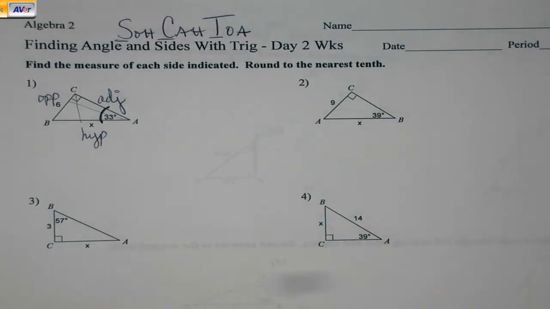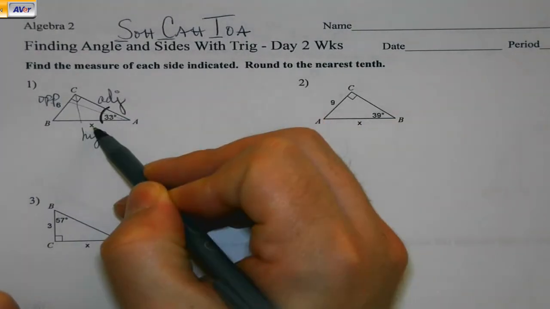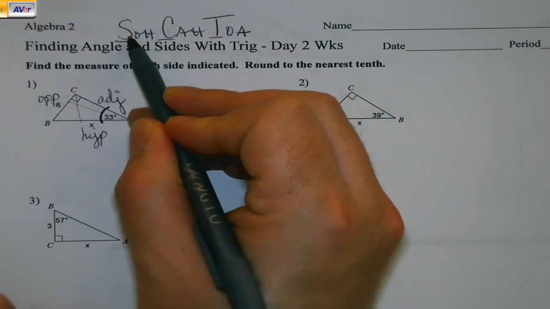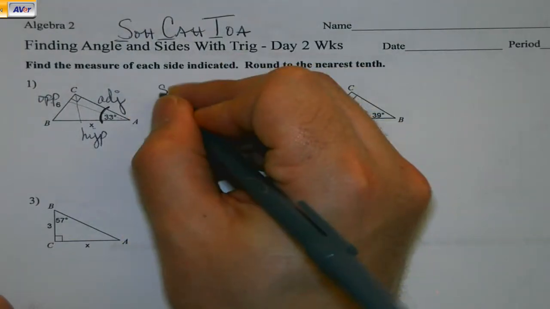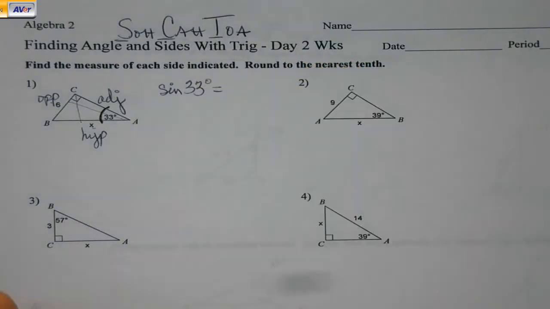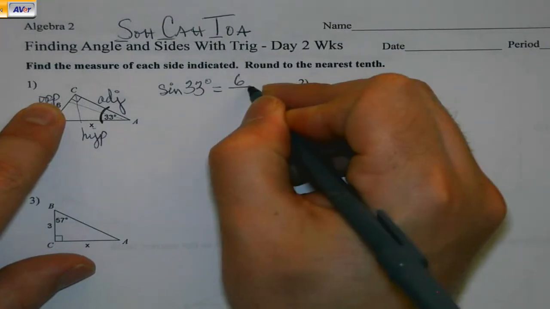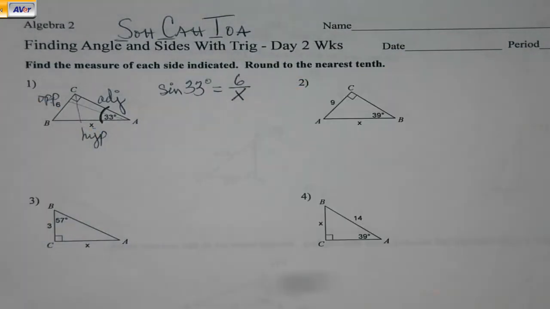So to figure out which trig function I'm going to be using to get my answer, I need to see which two sides have either a variable or a number with them. So, looks like I've got opposite and hypotenuse, and opposite and hypotenuse go with sine. So I'm going to use the sine of 33 is opposite over hypotenuse.